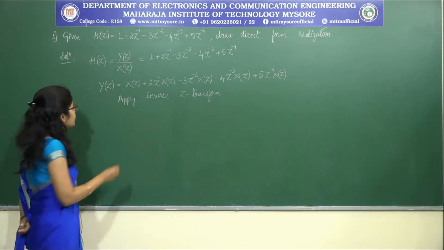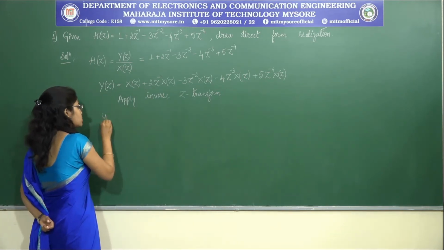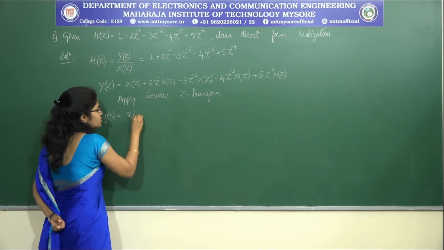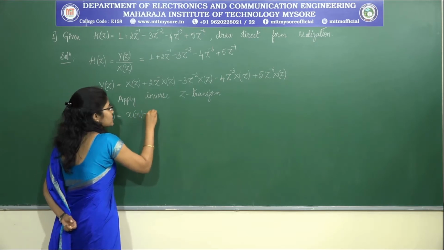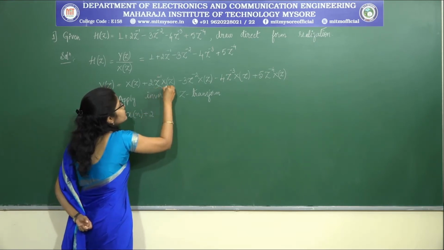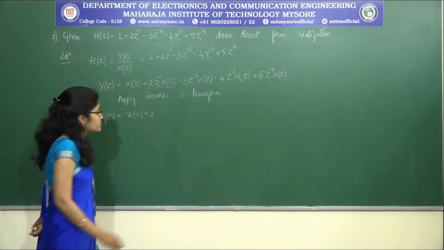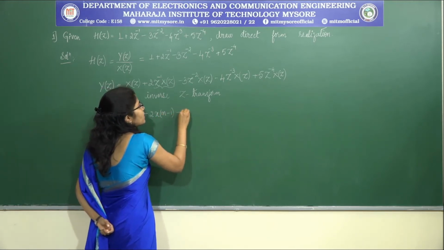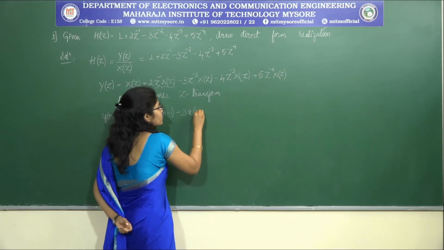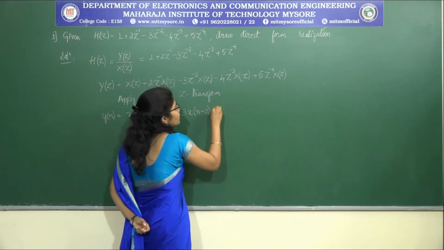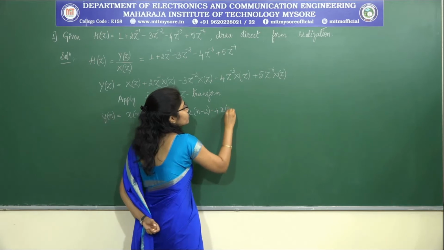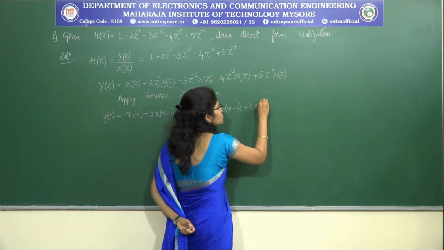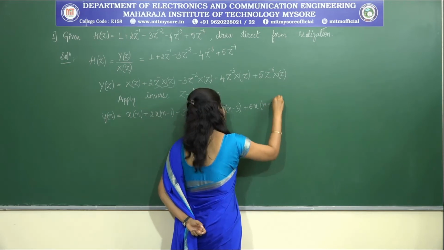So if we apply inverse z transform, y of z tends to y of n, which is equal to x of z tends to x of n plus 2 into z inverse into x of z tends to x of n minus 1 minus 3 x of n minus 2 minus 4 x of n minus 3 plus 5 x of n minus 4.